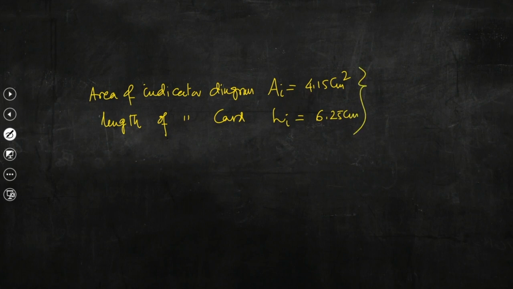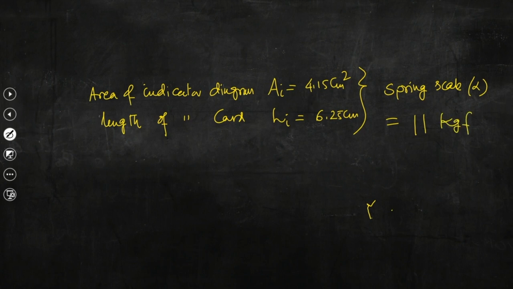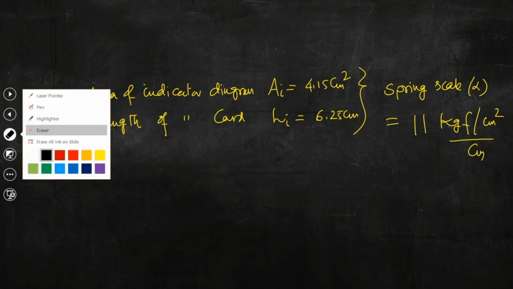The spring scale is also given, alpha, that is 11 kg force per centimeter square per centimeter. So, we have all this information.